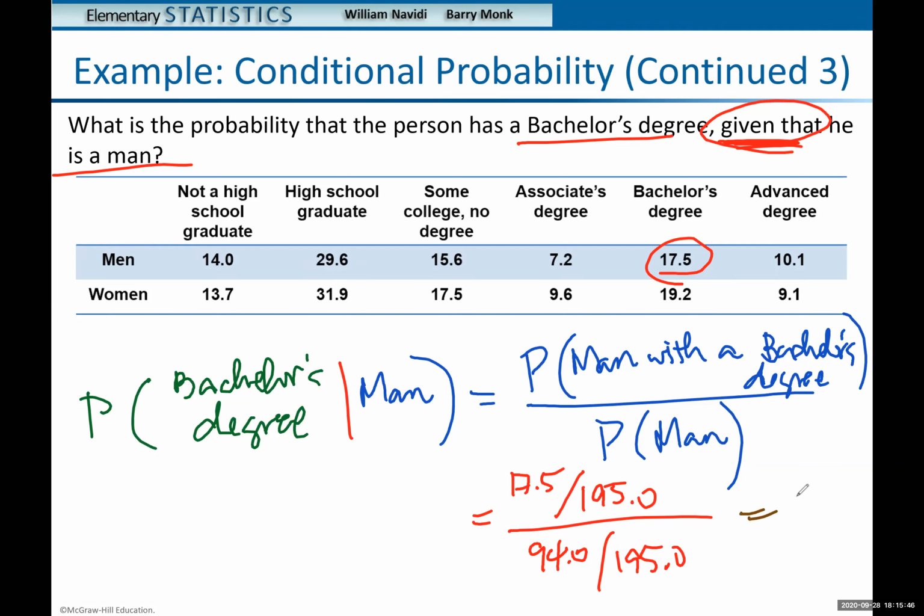And here, since you're both dividing by 195, you just cross out 195. This is just simply 17.5 over 94. So divide those two. 0.1862.